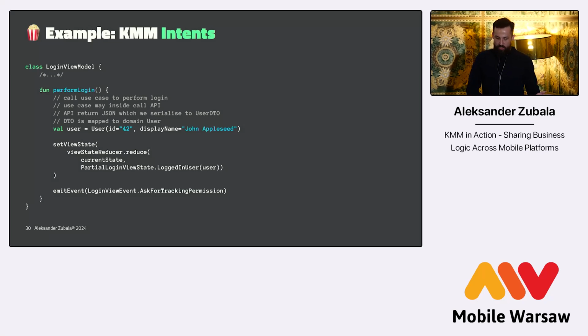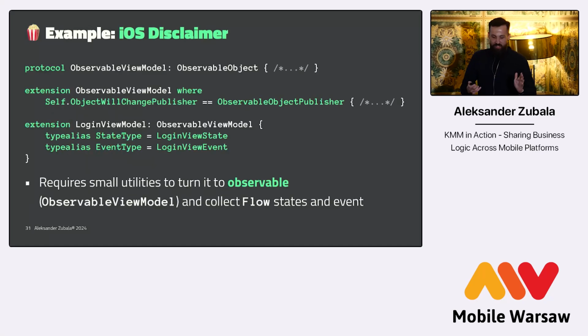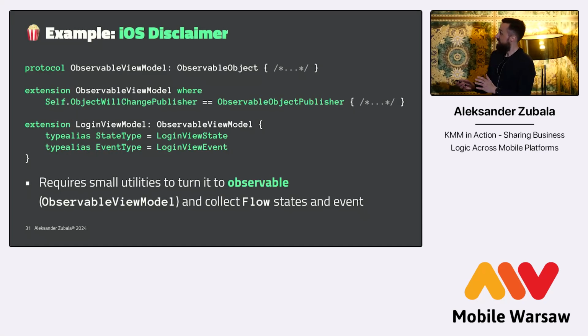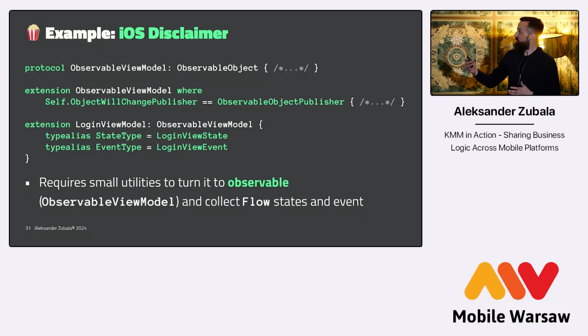So this is all the Kotlin code that I will be showing today. Sorry if you were expecting more iOS code. One disclaimer on the iOS side is that in order to observe this view model in the SwiftUI world, there is some work to be done.